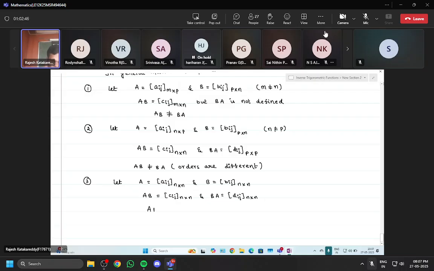Here also AB is not equal to BA for every A and B.